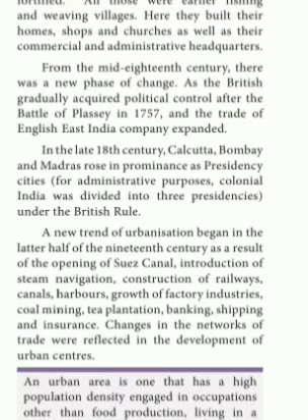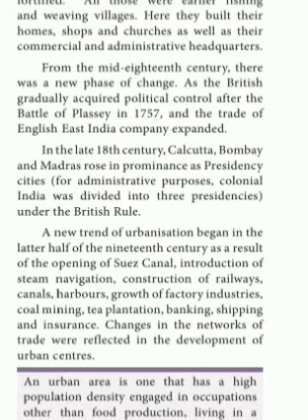From the mid 18th century, there was a new phase of changes. The new changes happened as the British gradually acquired political control after the Battle of Plassey in 1759. That was a turning point in Indian history.